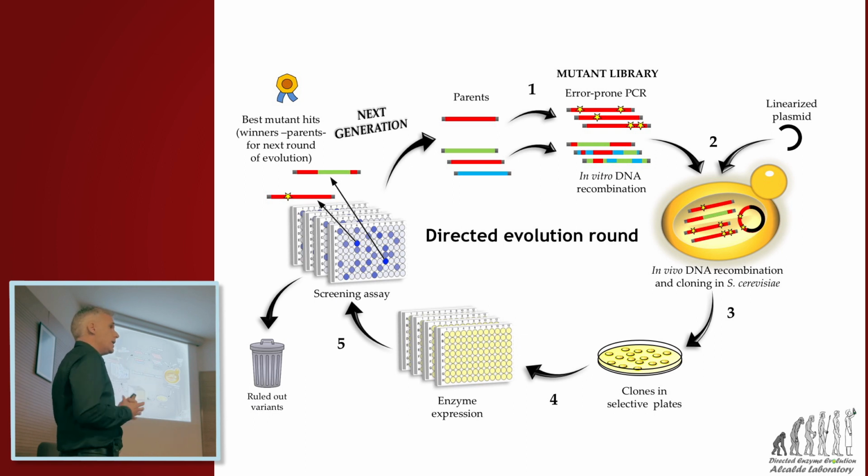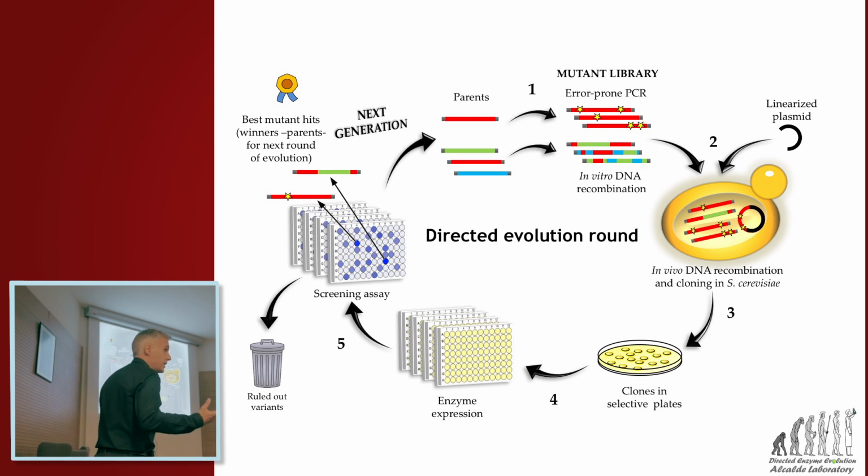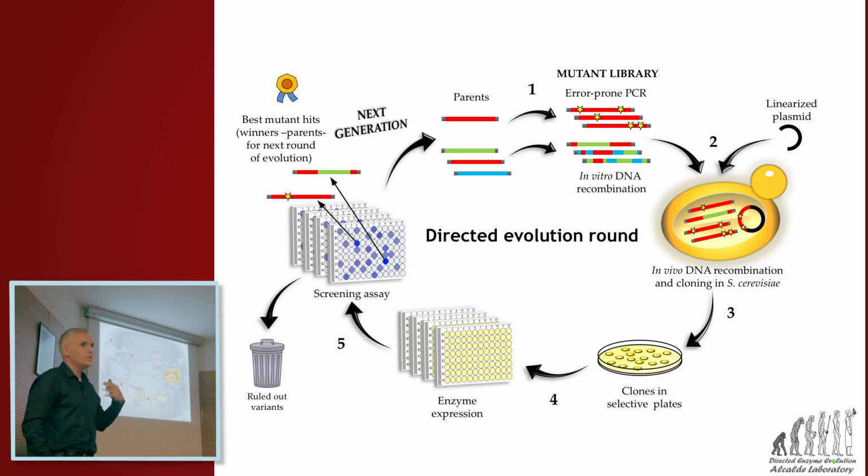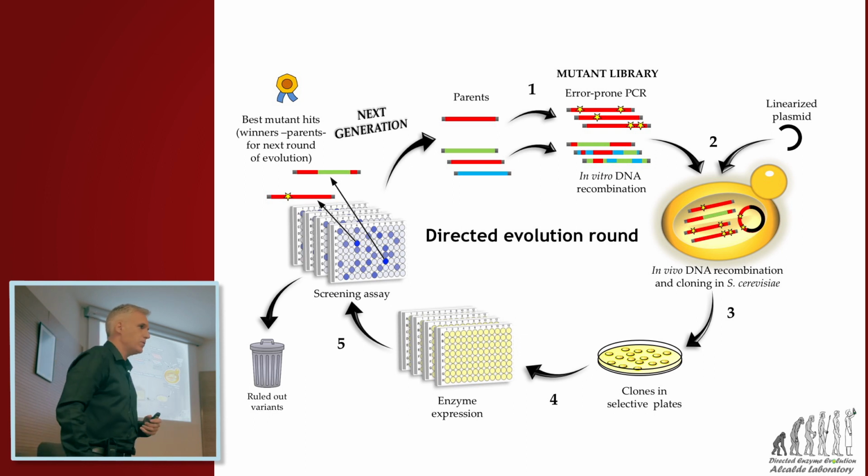And by molecular biology techniques, we randomly introduce mutations in the genes, or we recombine the genes, as also happens in nature during sexual reproduction. Afterwards, these mutant libraries are inserted into a suitable heterologous host to induce the expression of these proteins, these enzymes.